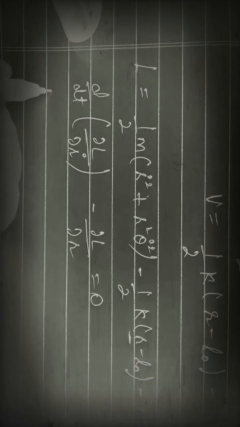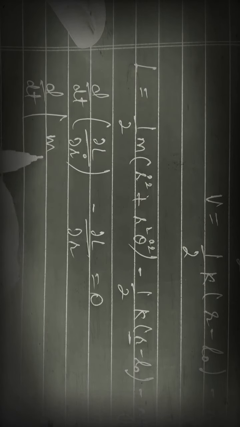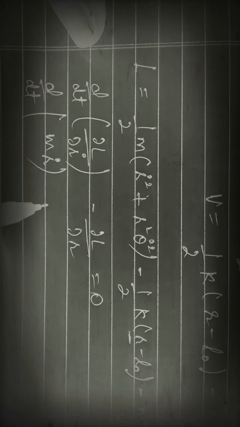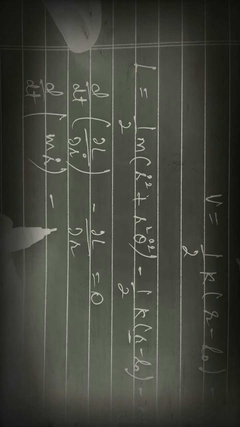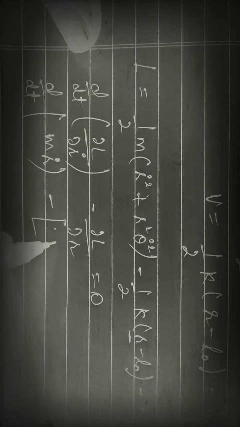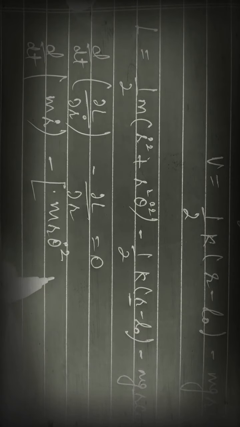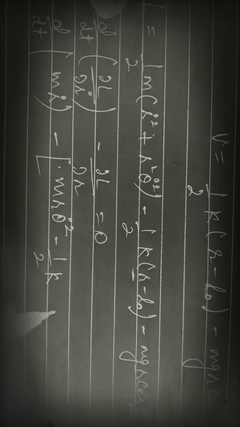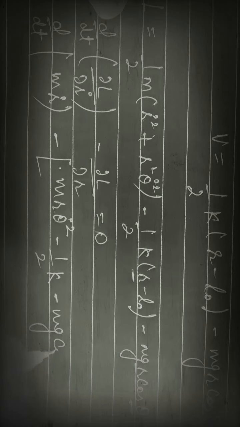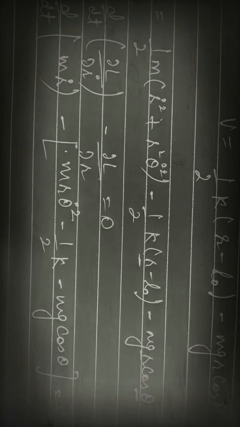The first term will be m r dot, minus the bracket: m r theta dot square minus k times r minus L0, plus mg cos theta, equal to 0.